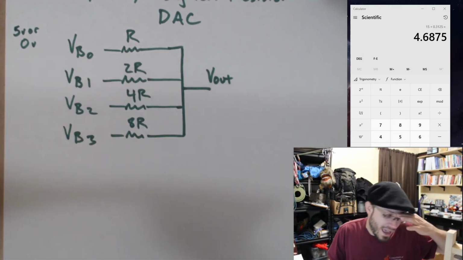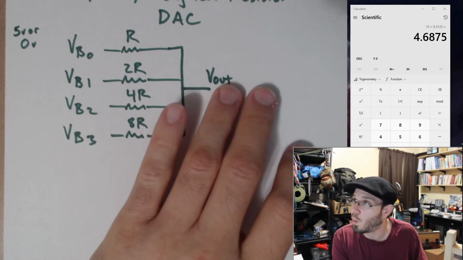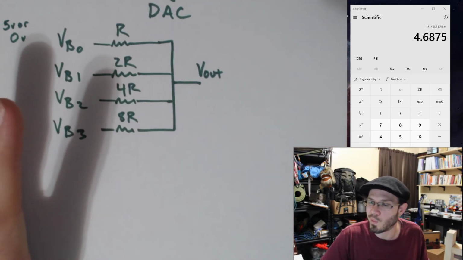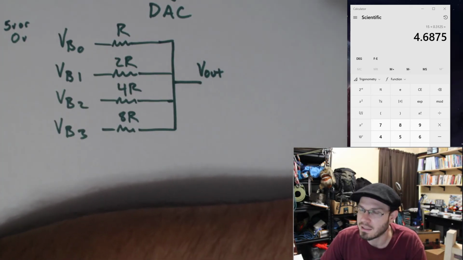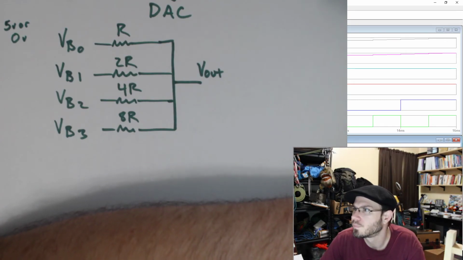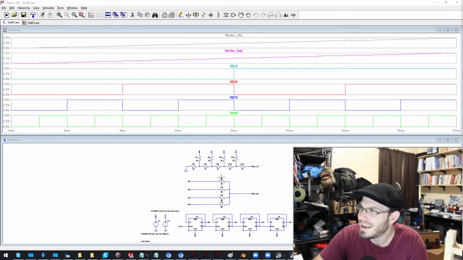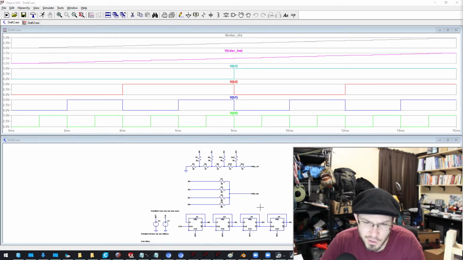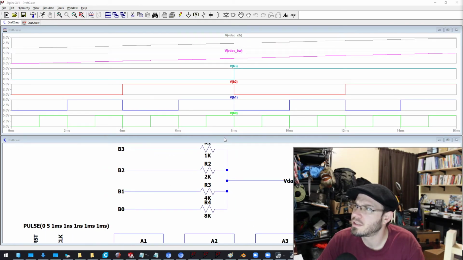So before I go through the derivation for what V out is equal to, let's see what the output would be in an LT Spice model. Now over here I actually have 2 different DACs that I've created. But let's focus on this binary weighted DAC.